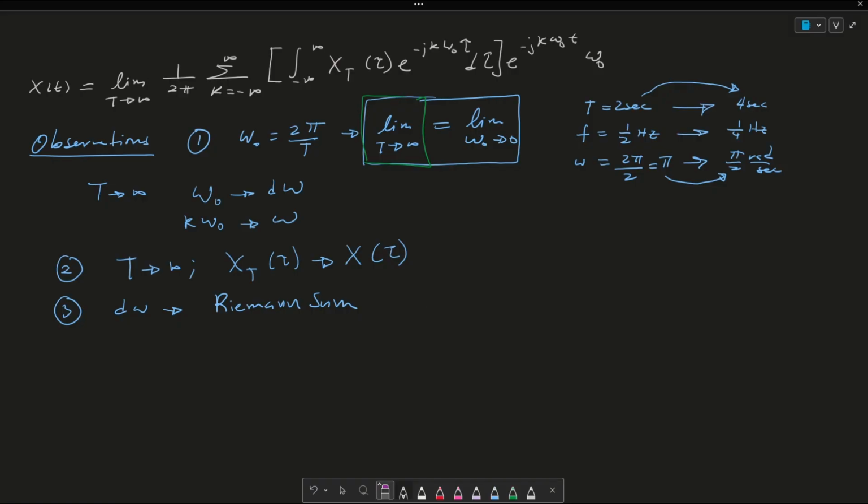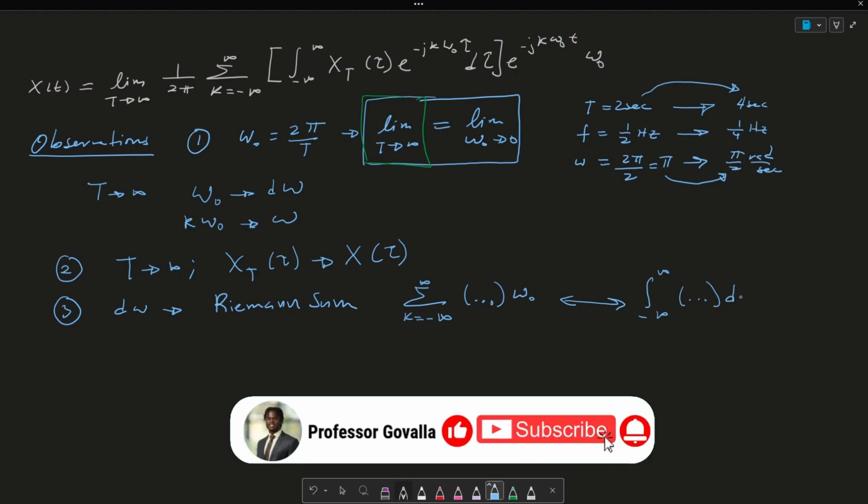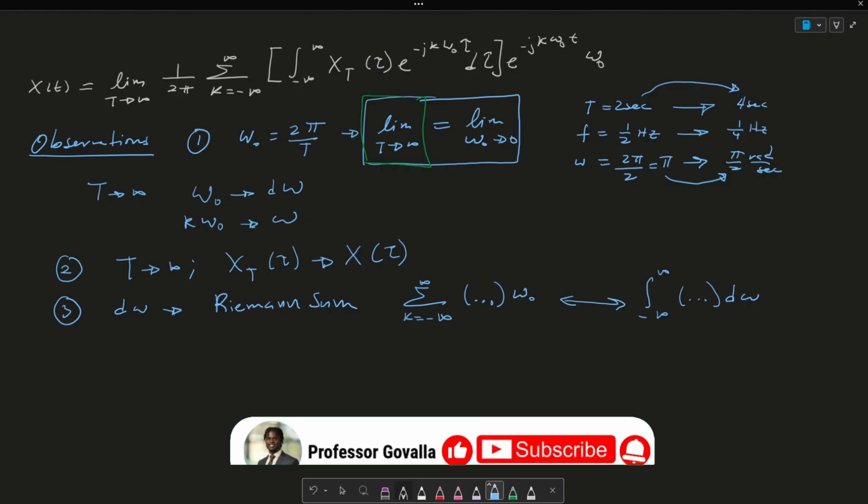So essentially, Riemann sum says that the sum as k equals negative infinity to infinity of this omega naught, when we sum up an infinite number of infinitely thin slices of omega naught, maps to the integral from negative infinity to infinity of this infinitesimally small delta omega.